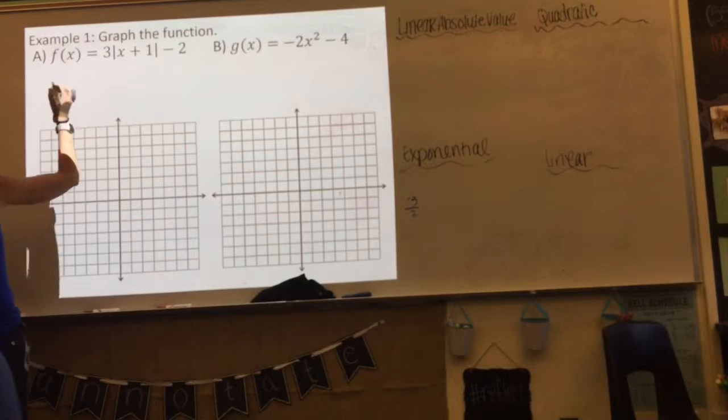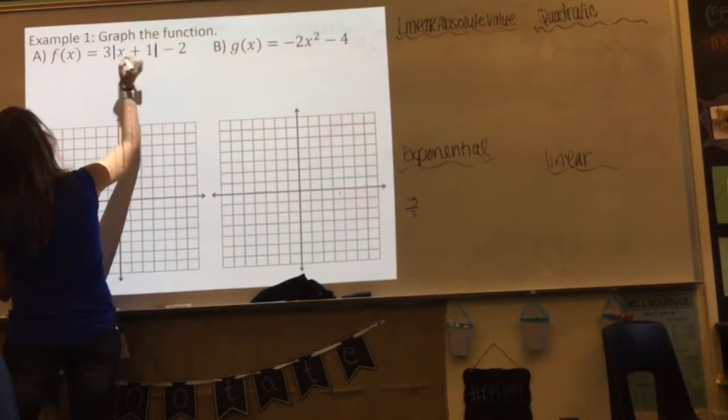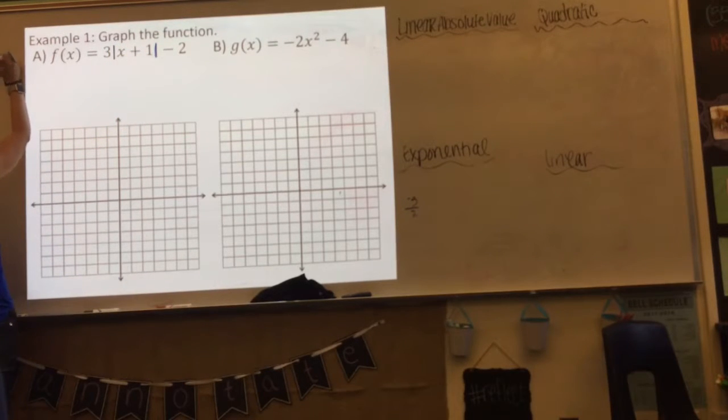The value bars. So I'm going to put ABS for absolute value. Okay. So, what shape is absolute value? V. Is it an upward facing V or down? Up. How do you know it's up? Positive. Very good. So I'm going to put an upward facing V.